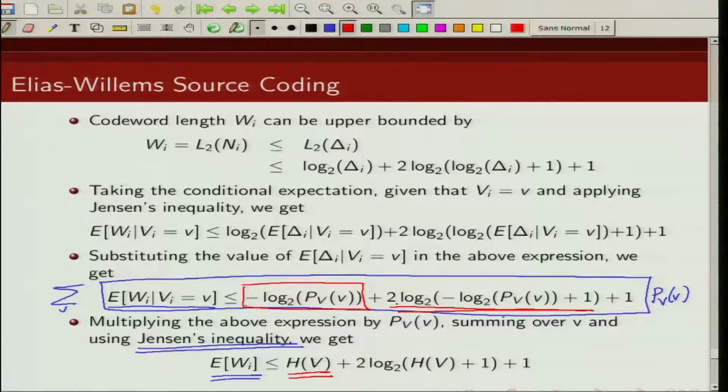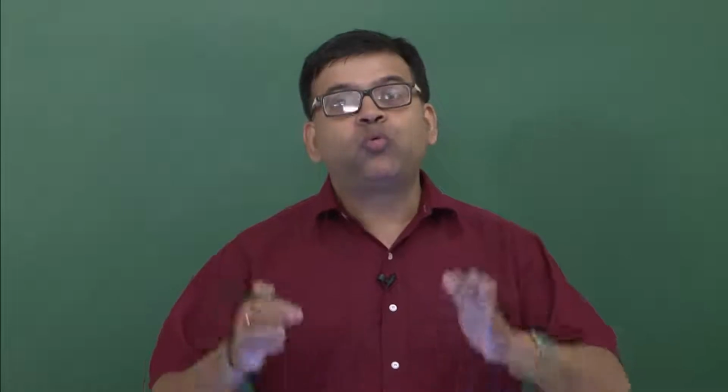Now look at this particular term. If I multiply this by probability of V and sum over all V, this is like taking expectation of log function. Since log is a concave function, I can again say that expected value of the function will be less than or equal to function evaluated at expected value.